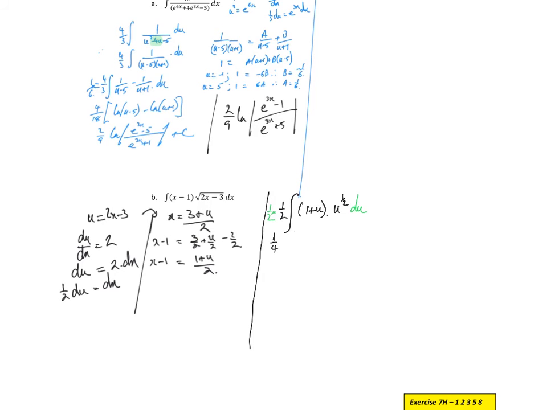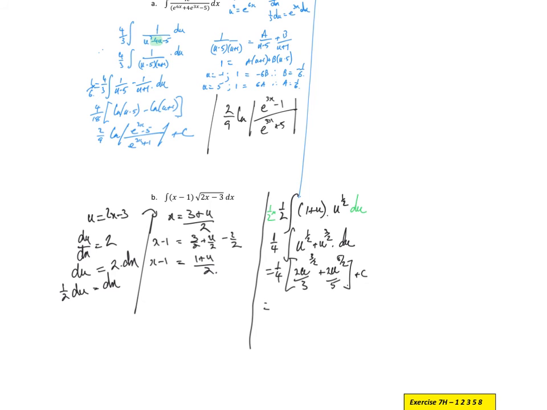That gives me 1/4 integral of u to the half plus u to the 3 on 2 du, which is 1/4 outside of: add 1 to the power, divide by the power, which means we flip it upside down and multiply, plus add 1 to the power, flip it upside down and multiply, because we're really dividing by 5 on 2, plus a constant of some kind, which we can put in at the end.